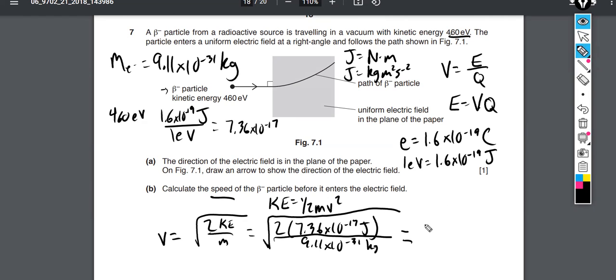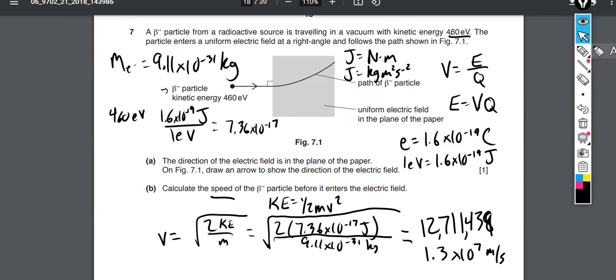So if I take the square root of that, I'm getting a velocity of like 12.71143897 million, so I'll just round that. So about 12 million meters per second. Let's call that 1.3 by 10 to the 7 meters per second.